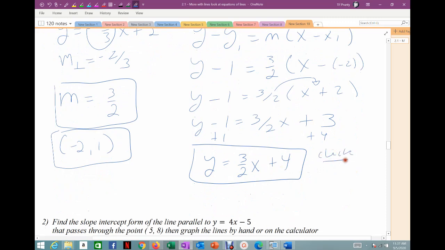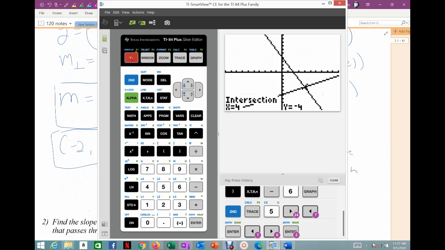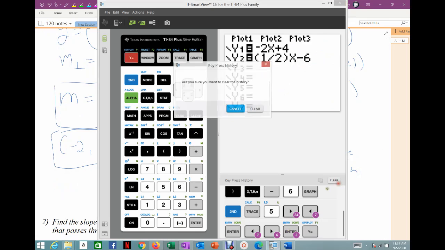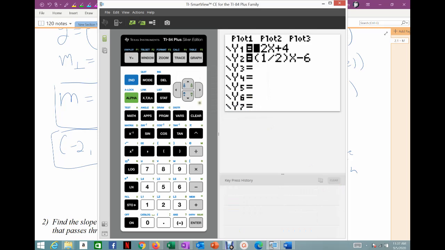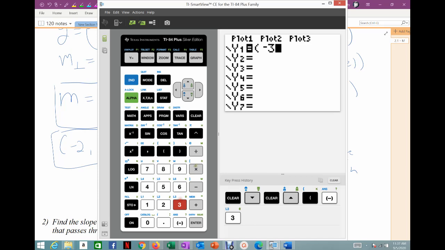I'm going to check it by graphing. So I'm going to go to my graphing calculator. I've got to clear out stuff I had in there from before, and plug in my two equations. The original equation was negative, sorry, not negative 3/2, negative 2/3 x plus 2.